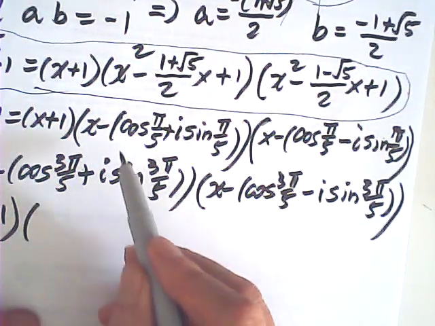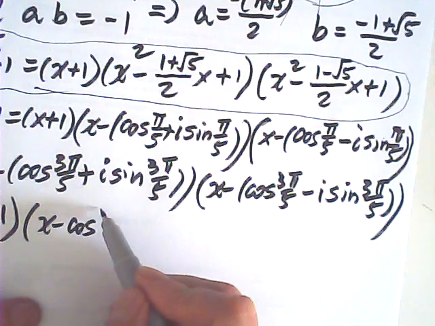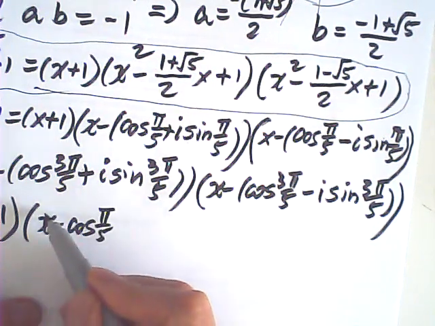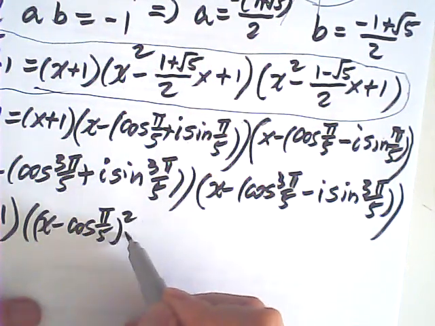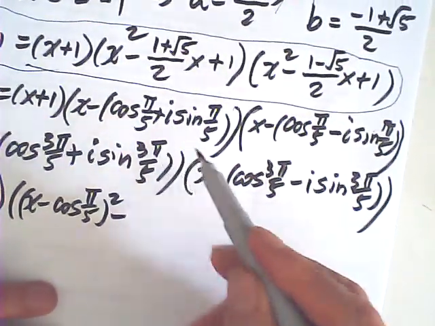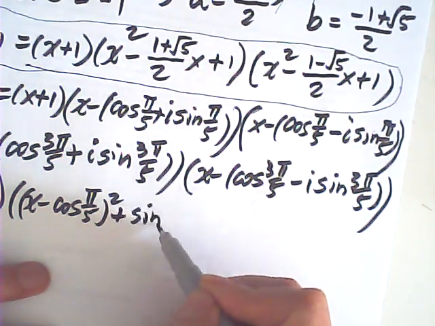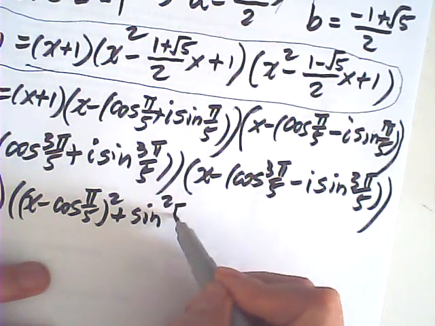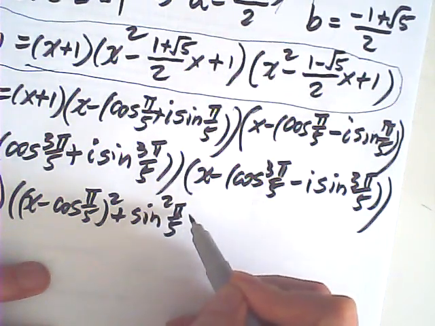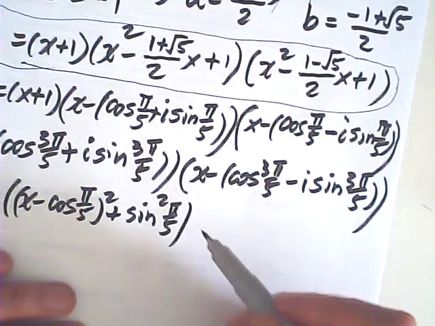So this will be x minus cosine pi over 5 squared minus this squared. i squared is negative 1, therefore plus sine squared.